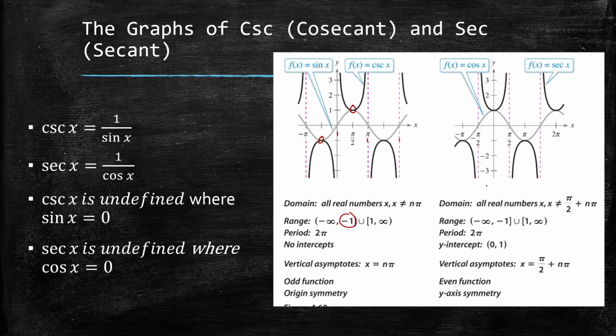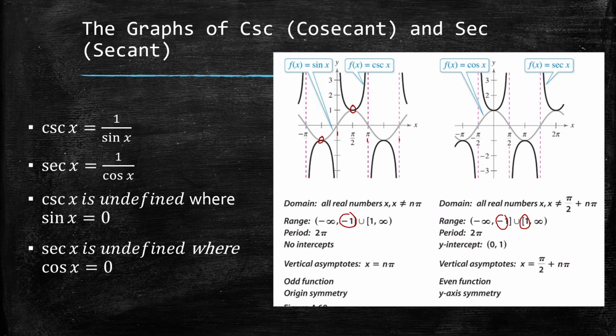The secant function is the inverse of cosine. And just like that, the amplitude of the cosine function is going to be my max and min, respectively, for the two sets that make up our range. Period is 2 pi again.